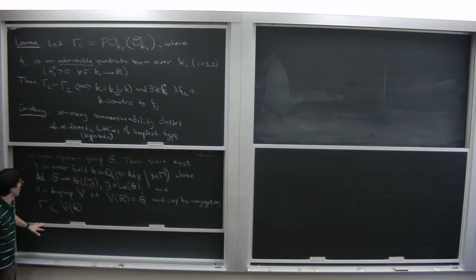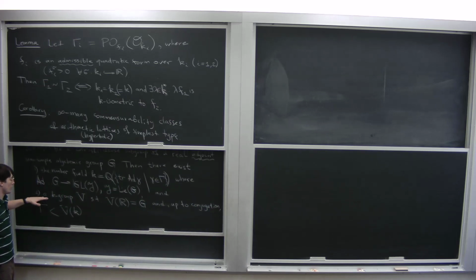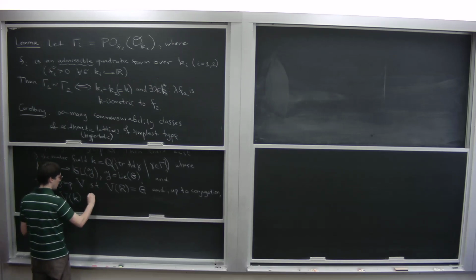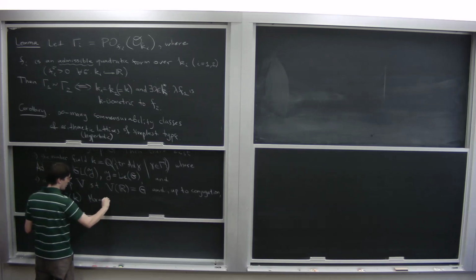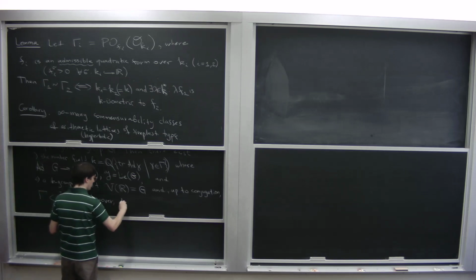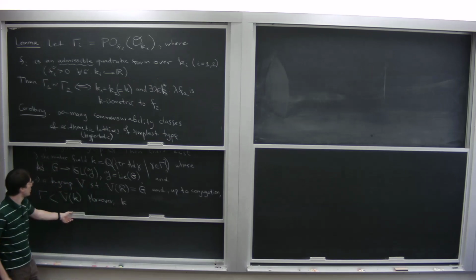So then there exists the number field K and the K group V. Both K and V are commensurability invariants up to conjugation. Moreover, K and V are uniquely determined.